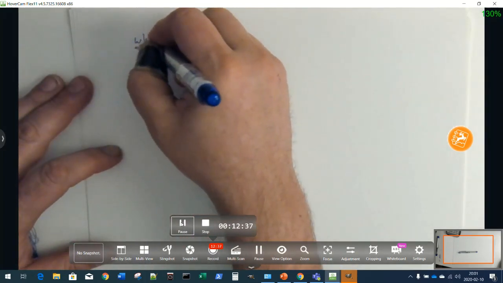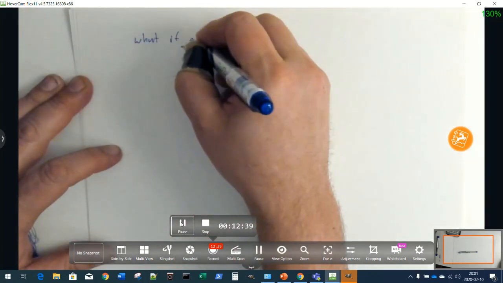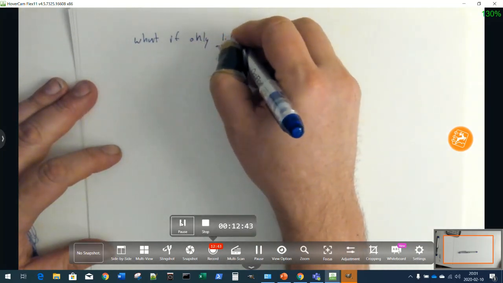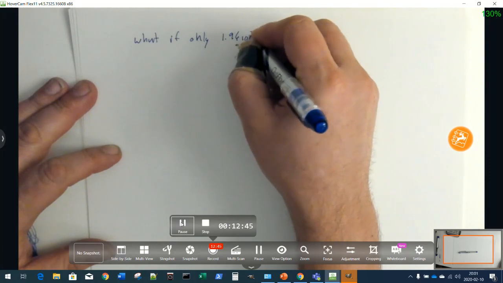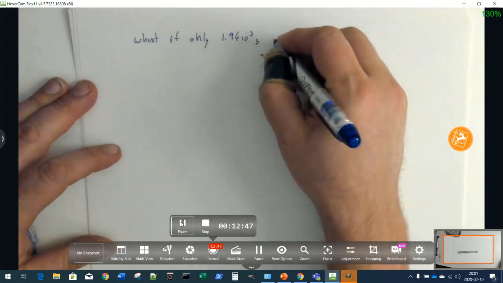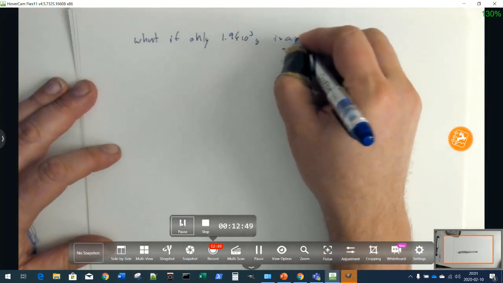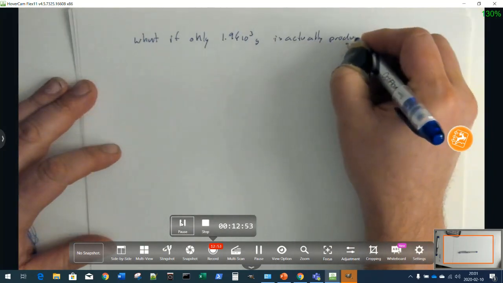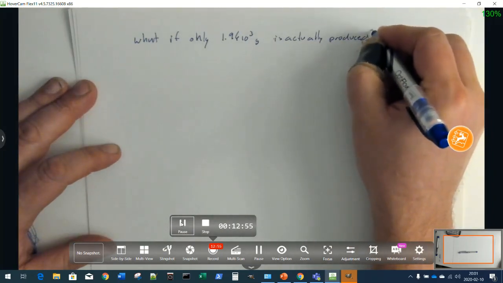Now part C of the question says, what if only 1.96 times 10 to the third grams of anthraquinone is actually produced?